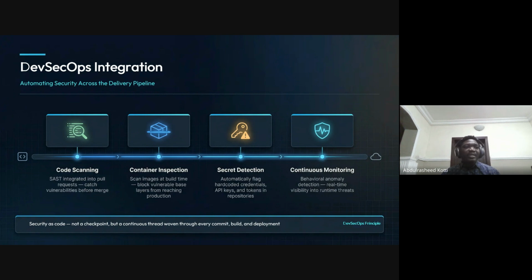Then lastly is continuous monitoring. And why all of this matters is that this runs every time the code is updated, and this is to reduce any form of human error.